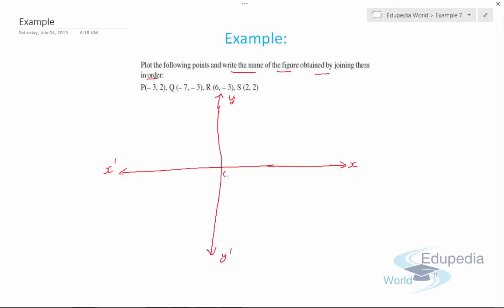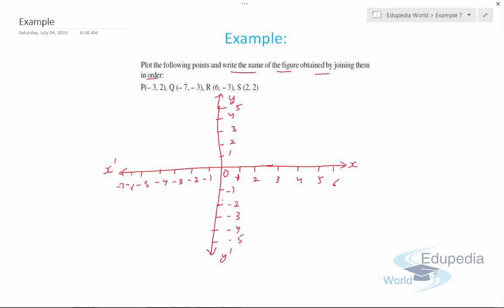This is the origin. This will be 1, 2, 3, 4, 5, 6. Now this will be -1, -2, -3, -4, -5, -6, and -7. Now this will be 1, 2, 3, 4, 5, and this will be -1, -2, -3, -4, -5.